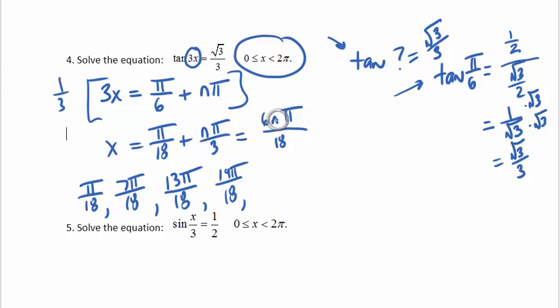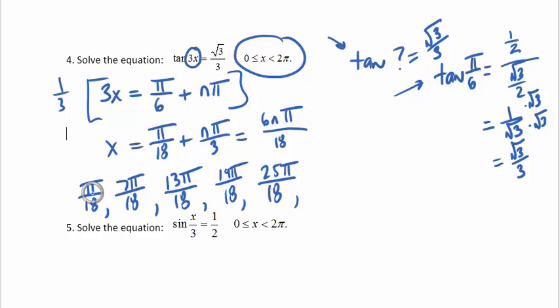When n is 4, this will be 24 pi over 18. So 24 pi plus 1 would give me 25 pi over 18. And I think you can see what the pattern is here anyways. Do you see this? Every time I'm adding another 6 pi over 18.